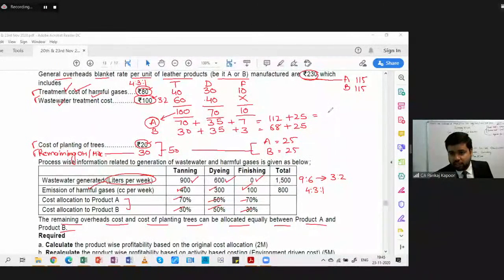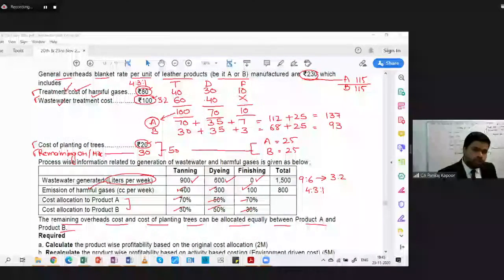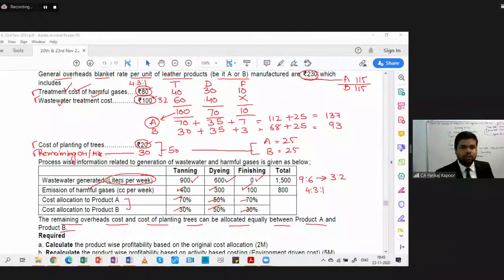So the total overhead which will be charged to A is 137, and the total overhead which will be charged to product B is 93. You can see the difference here. Earlier, we were just dividing equally. Now, we are allocating the indirect cost based upon their activity. We are using some cost driver, the liter or the cc here, and based upon that, we are allocating the cost. Now, you need to remember these two costs, 137 and 93. Okay, we need to move back here.